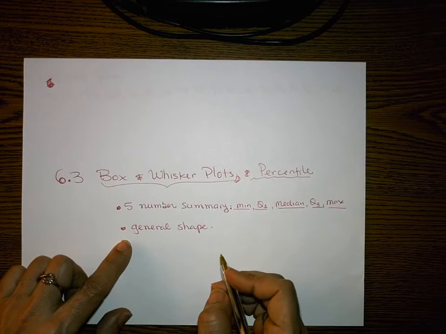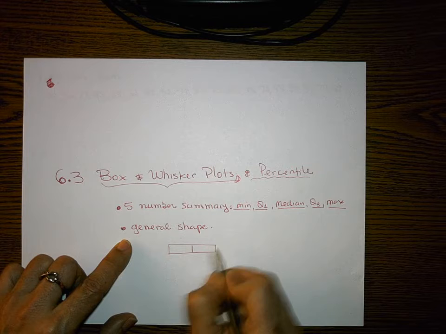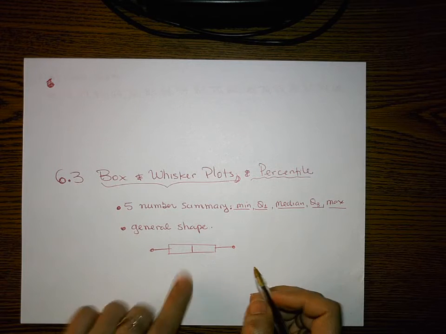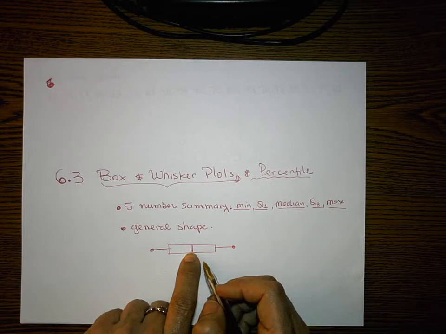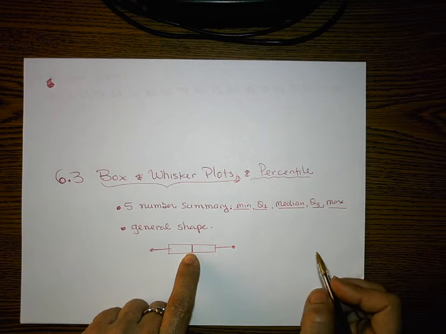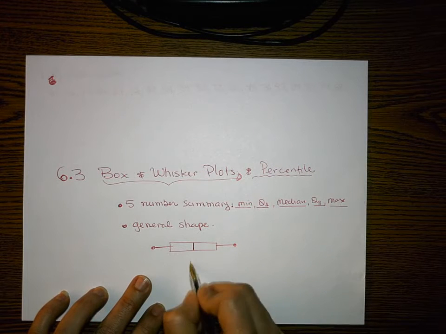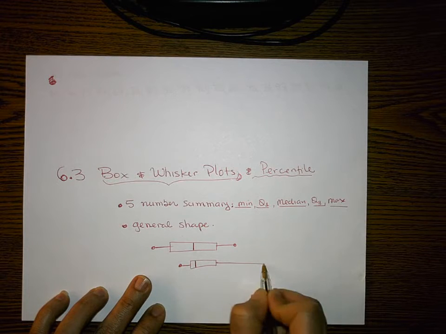The general shape of a box and whisker is something we've never seen before. We have a box, and then we have whiskers, little tiny whiskers on the side. The median, this middle part over here, is not always in the middle. You could get any shape of a box and whisker. Usually this is the general shape, but you could get just a small box with a median right there, one tiny whisker, one long whisker.